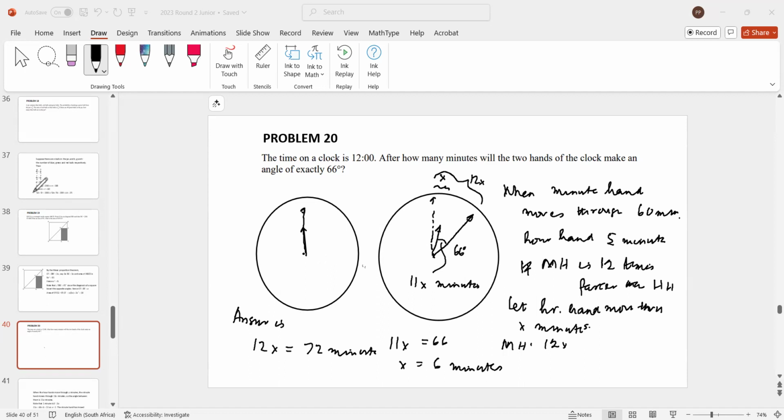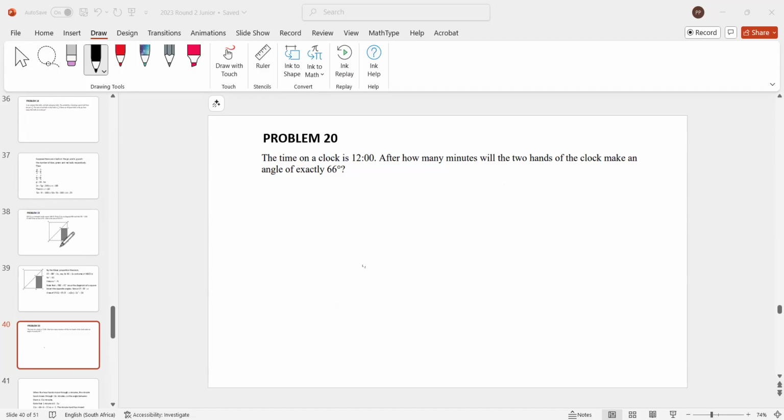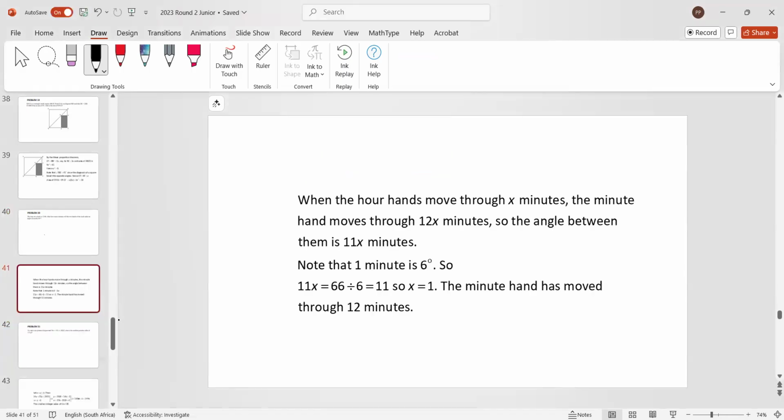I don't know whether I got the right answer here. I might have got the wrong answer. So the answer is after 72 minutes. Oh, so the minute hand has moved through 12 minutes. Oh, no, that is not right.